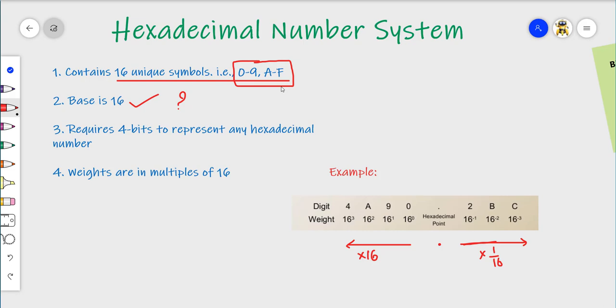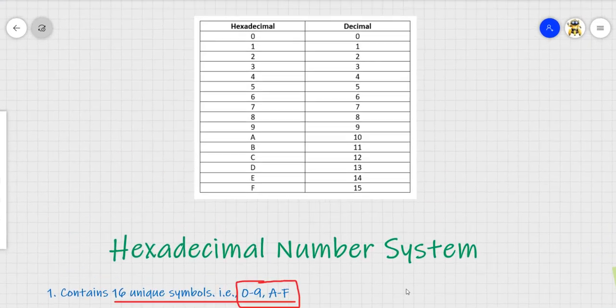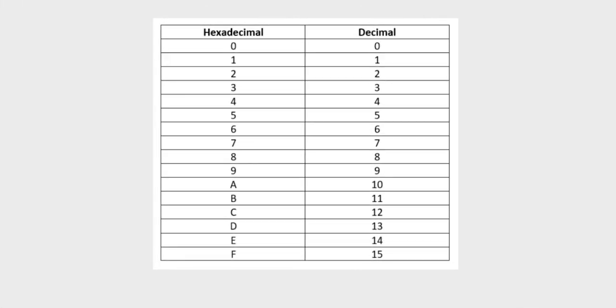So the table here gives you a clear idea of what exactly I am talking about. Here, if you see, the hexadecimal symbols A to F are single digit representations of the decimal numbers 10 to 15.